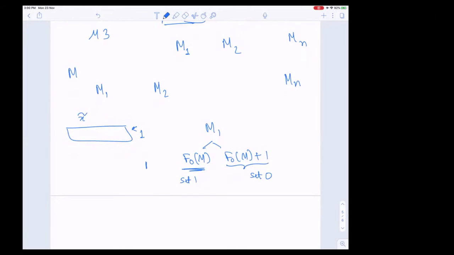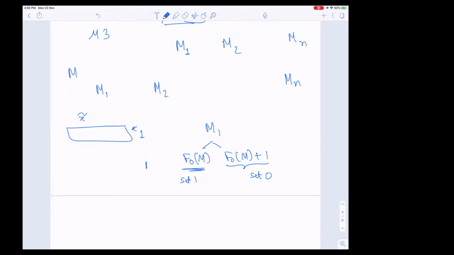I will check whether the second bit is set to 1 or 0. If the number of distinct elements remains the same, it means this number was already present in X tilde, so I set that bit to 1. If the number of distinct elements increases by 1, I set this bit to 0.